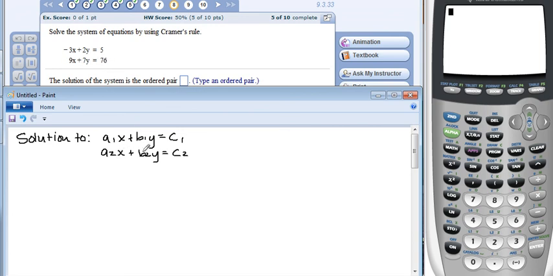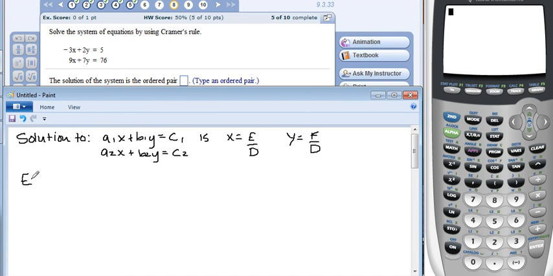The a sub 2, b sub 2, c sub 2 is your second equation, which would be the 9, the 7, and the 76. So the solution is an ordered pair x, y, where x is E over D, and y is F over D. Now we have to identify what E, F, and D are.